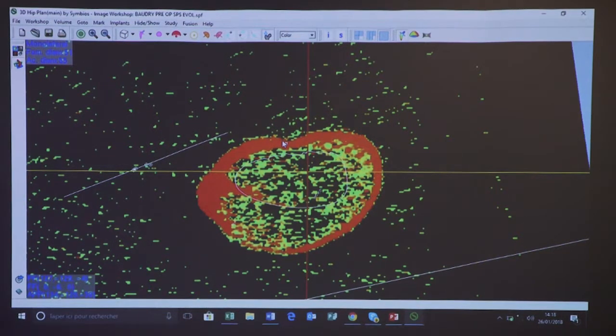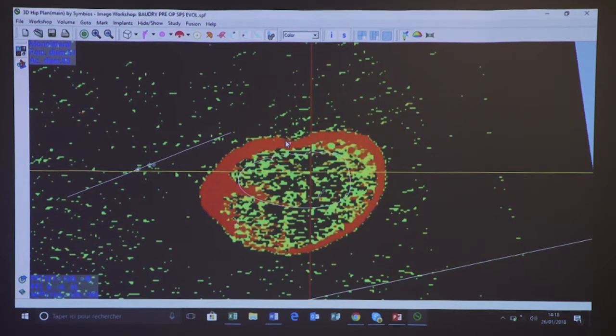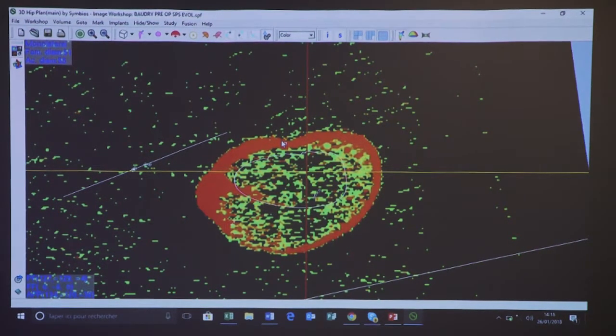With the scope you can see it very well, because I also do some hip scopes, this is why. Sometimes it's so hard it prevents implanting the stem correctly, so from time to time you need to use a curette to remove this spur in order to be sure that the stem will be fitted like this.